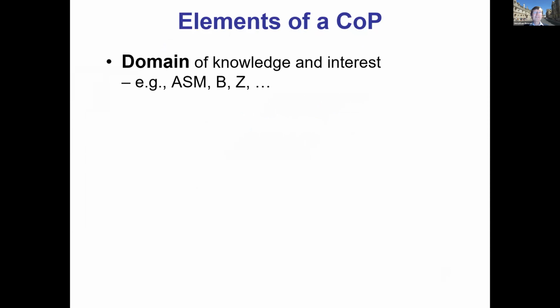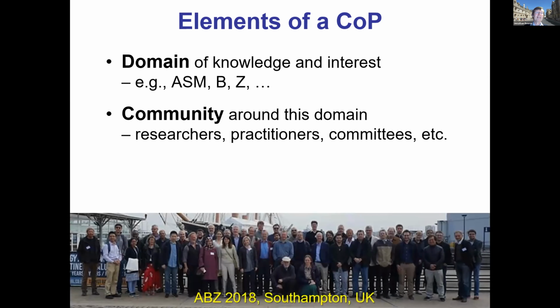So the different elements of a community of practice: you need a domain of knowledge. In the case of formal methods, that's going to be around some particular formal methods like ASM, like the B method, like the Z notation, and so on. All separate communities to start with, but all with interrelated interests. And you need to build up that community. So in computer science, you're going to have researchers, but you're going to have practitioners, you're going to need committees to organize things.